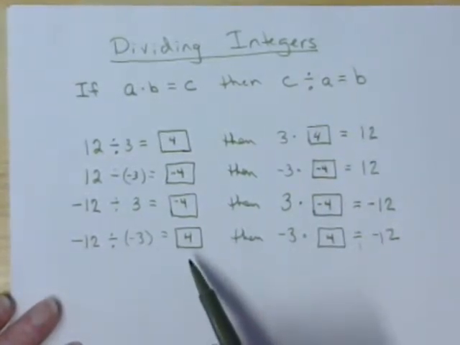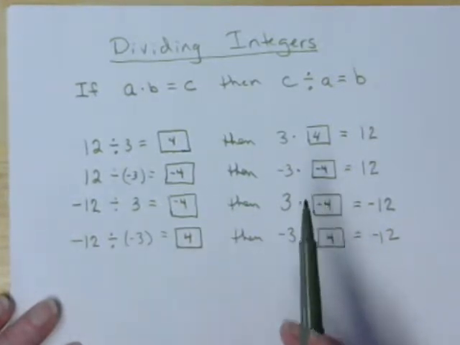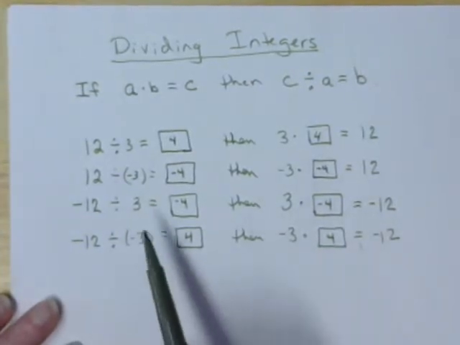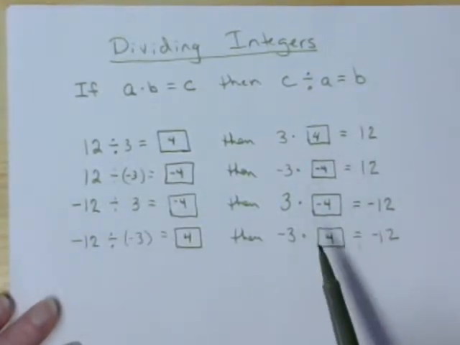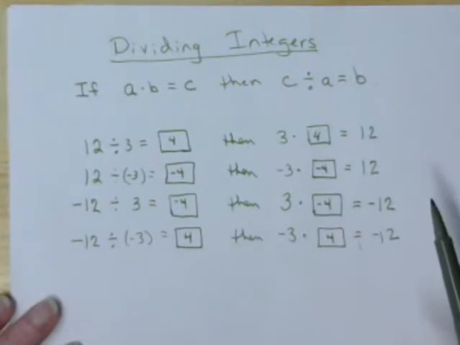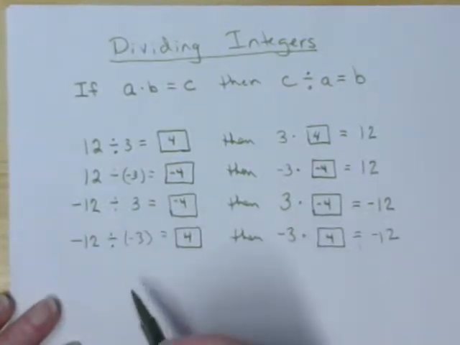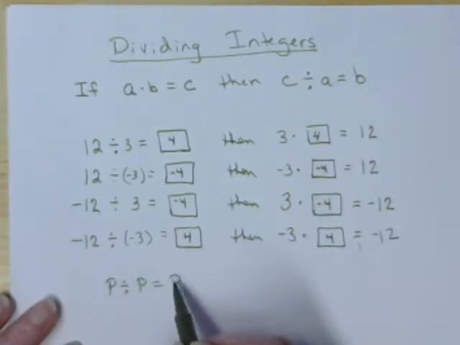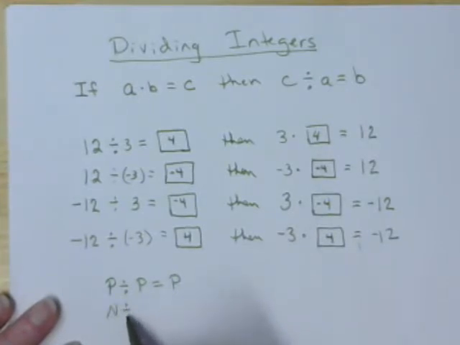It turns out that we get the same kind of results for division in terms of the sign issues as we would have for multiplication. So we divide the absolute values the way we would normally divide, and then to assign whether the quotient is positive or negative: if we have a positive divided by a positive, we get a positive. If we have a negative divided by a negative, we get a positive.